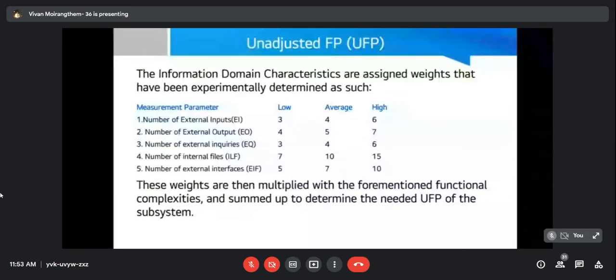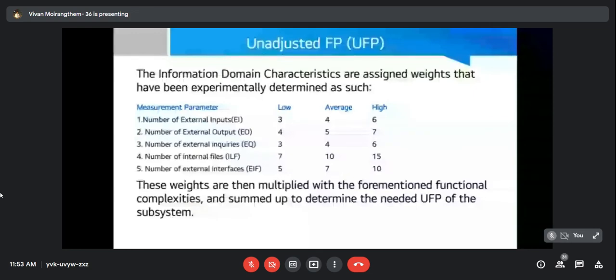And these individual parameters are assigned weights, which are experimentally determined. Complexity is essentially how much value each of the information domain characteristics deserves based on experiments. And these weights are multiplied with the aforementioned functional complexities individually.